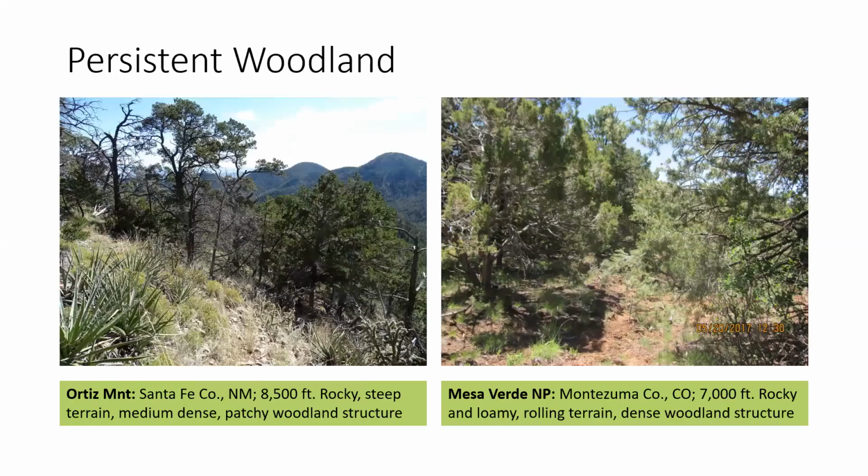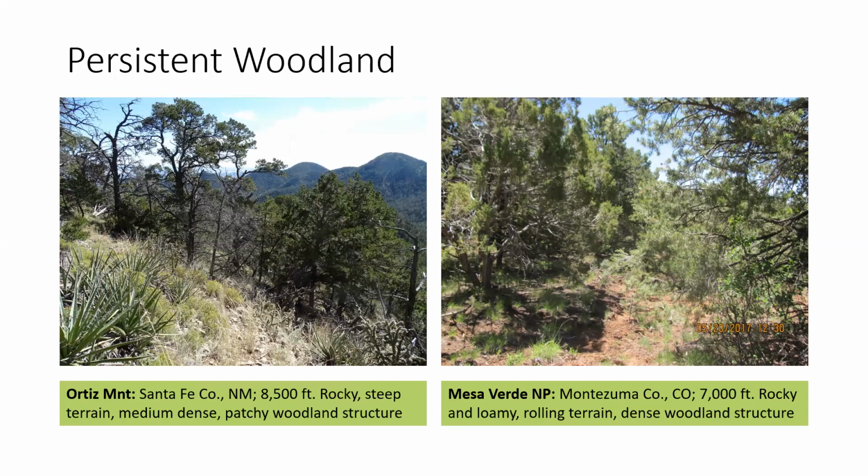characteristics. Here are the examples with persistent woodland here in Santa Fe County on Ortiz Mountain at 8,500 feet. It's very rocky, steep terrain, medium dense canopy cover, and very patchy structure. Then towards the north, it occurs at lower elevation at 7,000 feet.